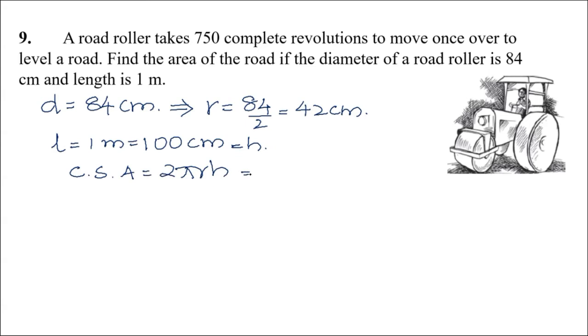Let's substitute. It will be 2 times 22 upon 7 multiplied by 42 multiplied by 100. 7 sixes are 42. So 6 multiplied by 22 multiplied by 2 will give us 264. When multiplied with 100, it becomes 26,400 centimeters square.